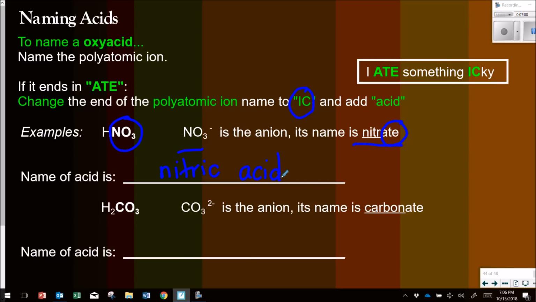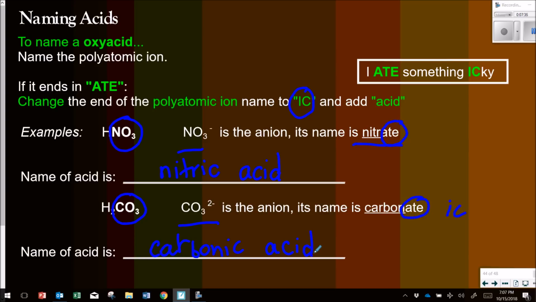The next one is H2CO3. I determine what the polyatomic ion is. So it's carbonate. Carbonate ends in ate, obviously. So again, I change its ending to ic, and I have carbonic acid.